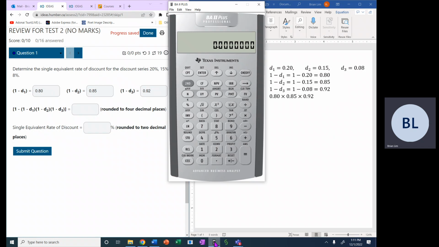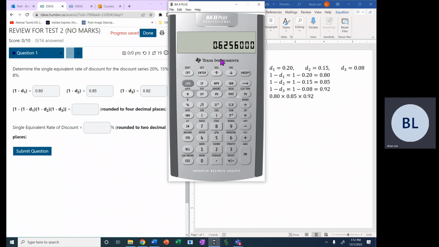Now let's get the calculator and we put in 0.8 times 0.85 times 0.92. That gives us 0.5256. Now that is the product of 1 minus D1 times 1 minus D2 times 1 minus D3.